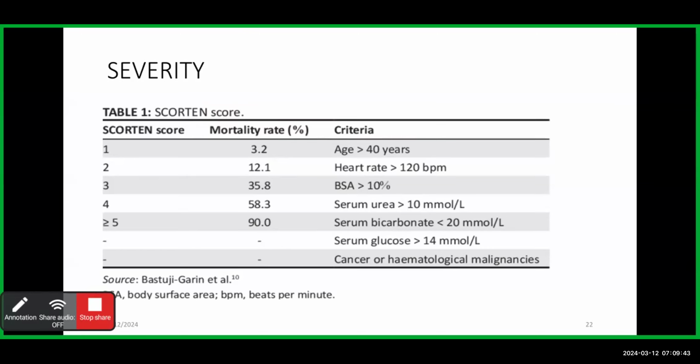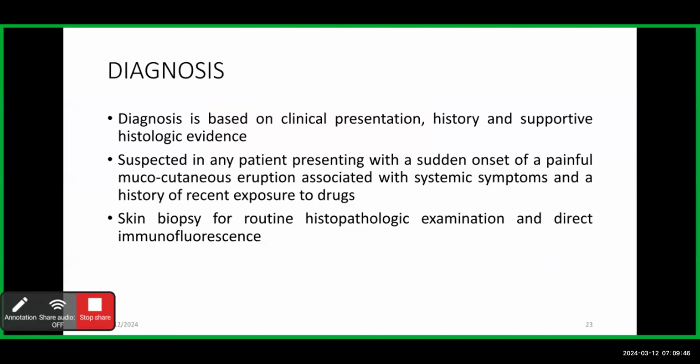So diagnosis is basically clinical, so the history, which can be supported with serological evidence or findings from skin biopsy. So you always suspect this if the patient presented with sudden onset of painful mucocutaneous eruptions, which is associated with some systemic symptoms, and there might be a history of exposure to a drug, like the patient that was treated, and the patient had a herbal concoction, so you might get that history.